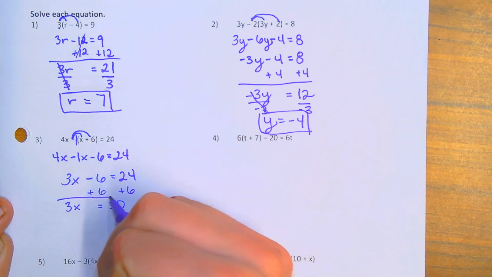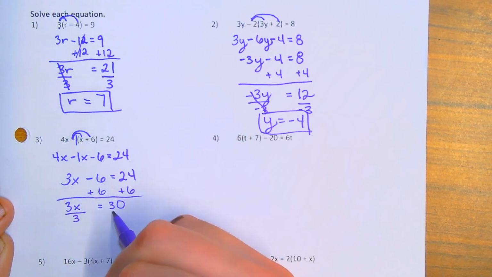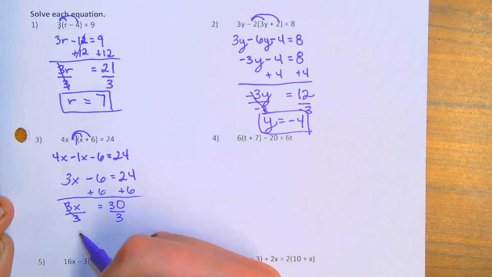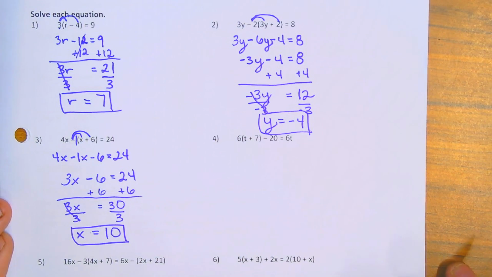Now, what are we left with? 3 times x equals 30. To undo multiplication, remember, it's division. 3x divided by 3, those 3's will cancel, leaving me with x equals 30 divided by 3, which is 10. Okay, let's move on to the next one.